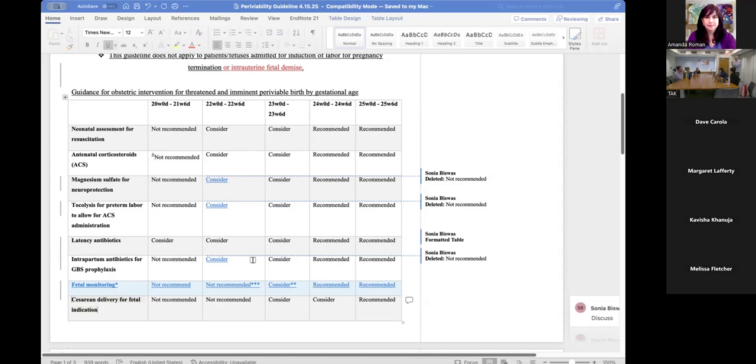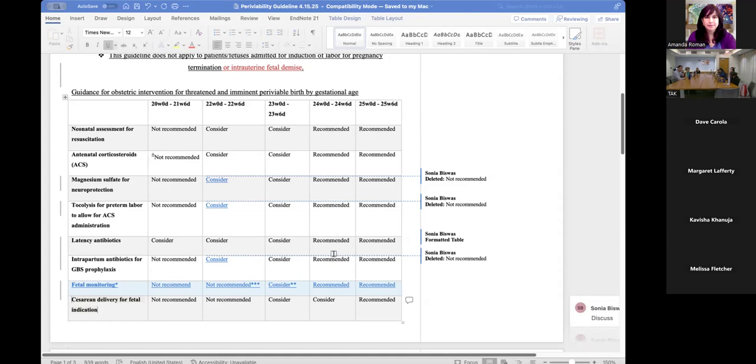It's pretty obvious. If you're willing to do a C-section, then maybe there's more of a chance of survival, and maybe not intact survival, maybe dismal survival. But if you're not going to monitor and not going to do a C-section, the baby's going to die. If you're willing to do a C-section and monitoring, then there's some chance. There's a lot of papers on that.